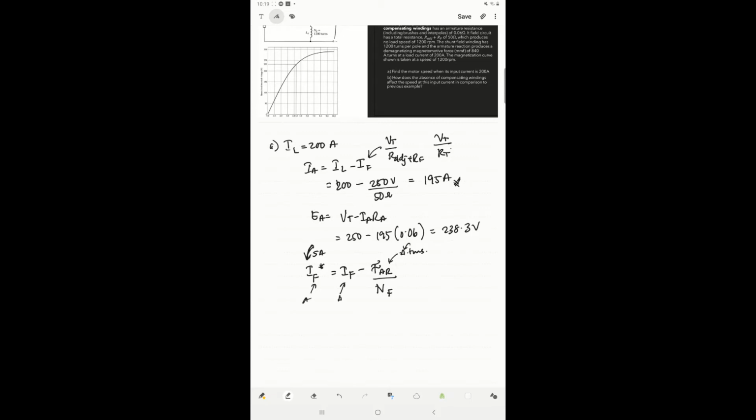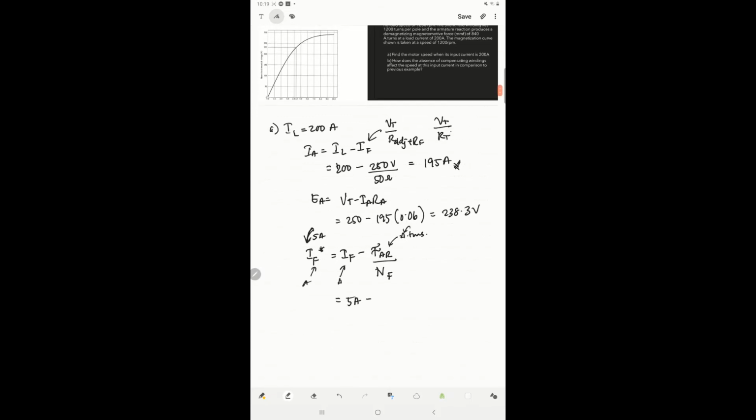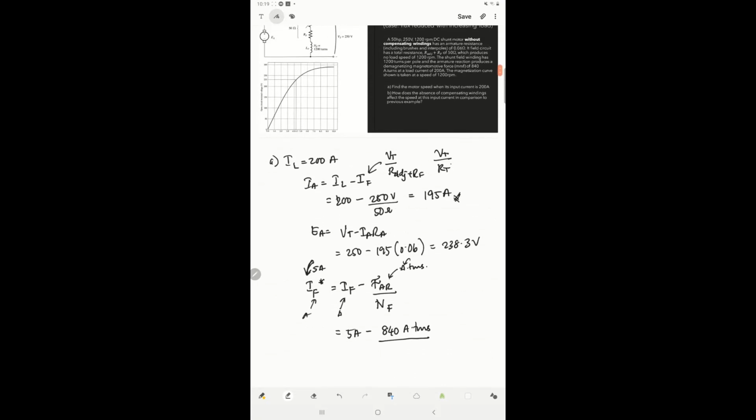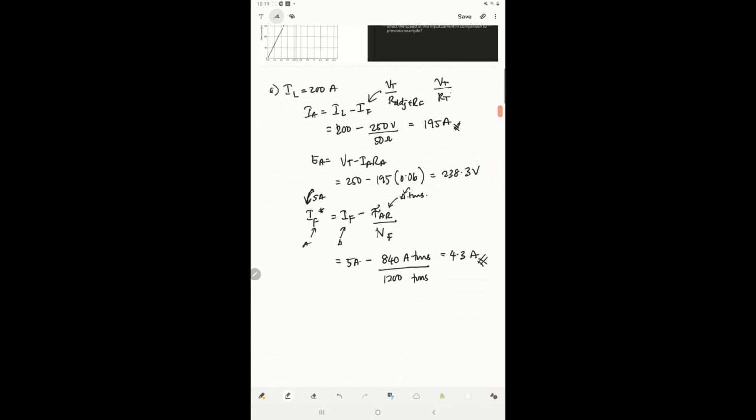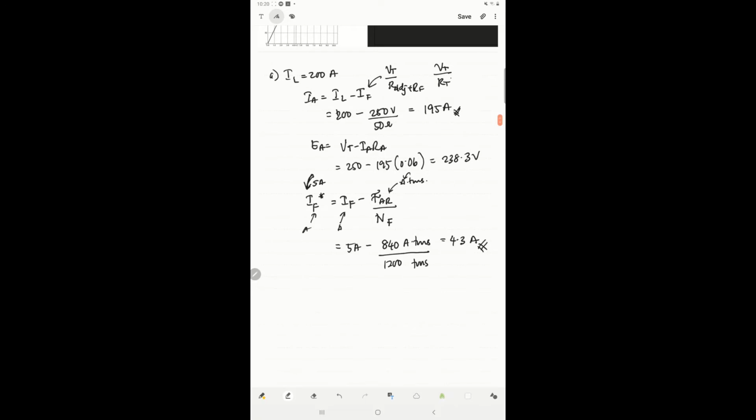So the field current is 5 ampere, and the demagnetizing magnetomotive force is 840 ampere turns, divided by the field winding, which has 1200 turns per pole. So it becomes 4.3 ampere. This is the amount of what we call the effective field current, so that is the comparison with armature reaction.